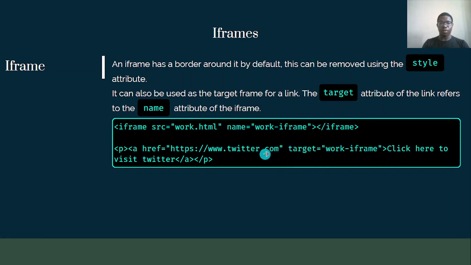We linked this target to the name, so that's how we can do it for an iframe, and it's very wonderful and does not interfere with the main page. You can have your normal information on the page, and it doesn't interfere with it.